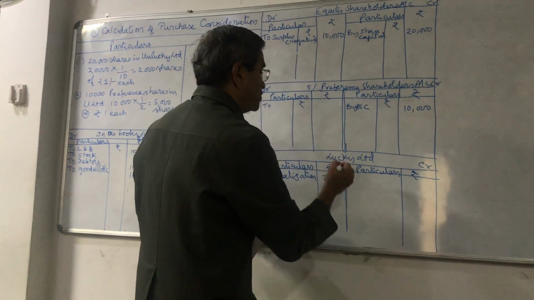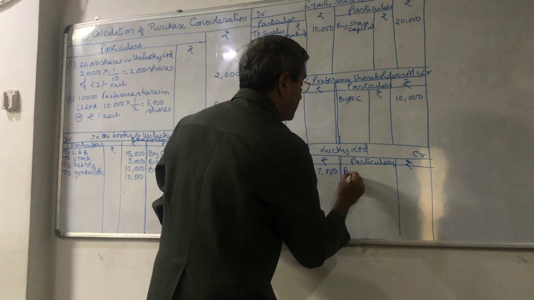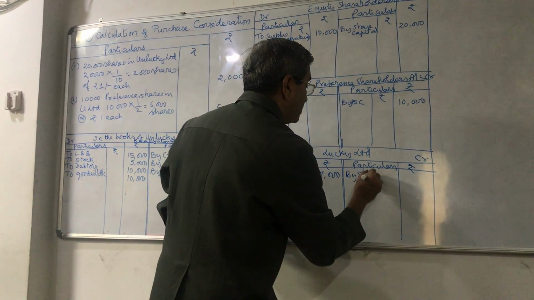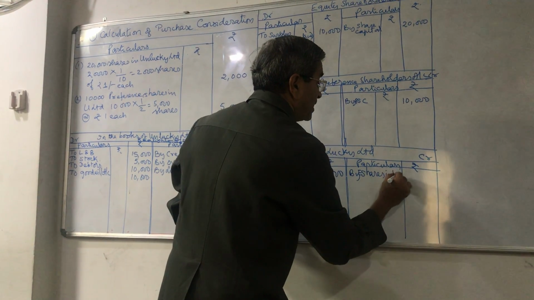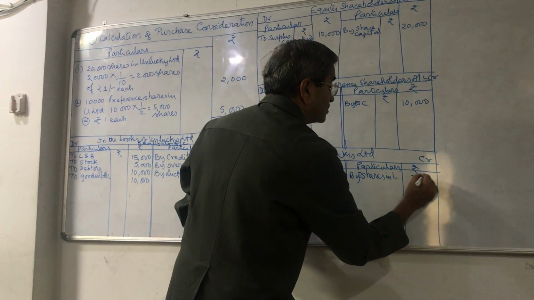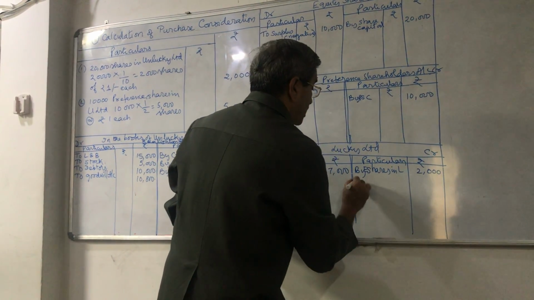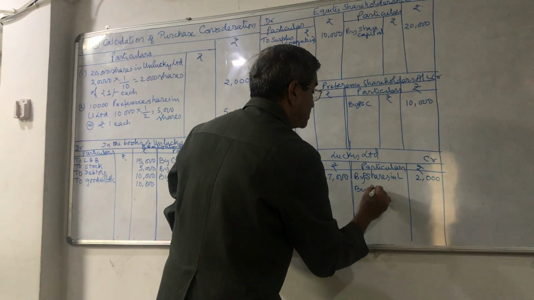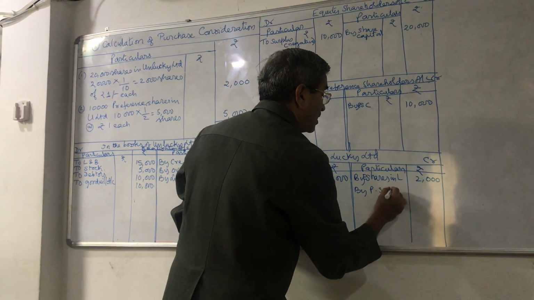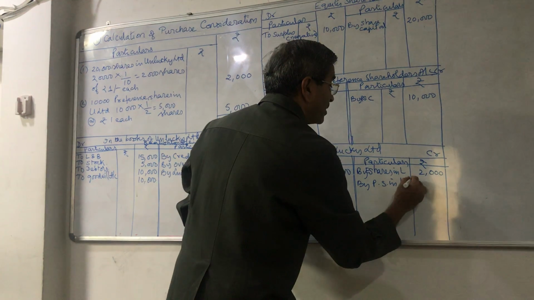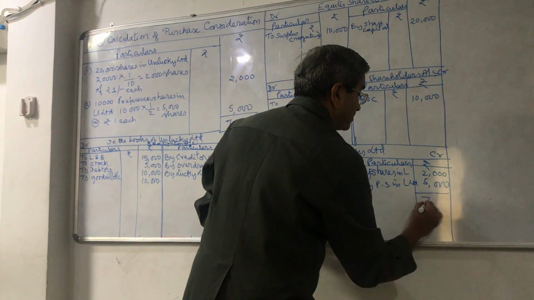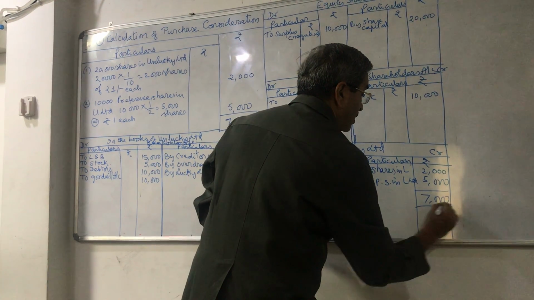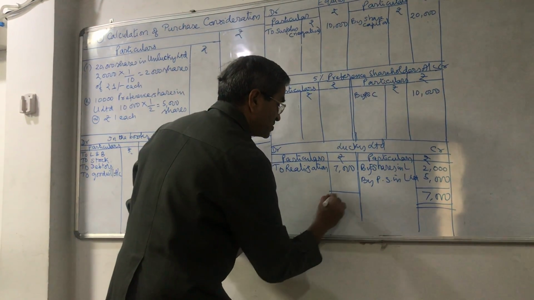Then we are getting the shares from them. For that, debit the shares: equity shares in Lucky Limited 2,000, and preference shares in Lucky Limited 5,000. So this gets closed, 7,000. What will you do with these shares?